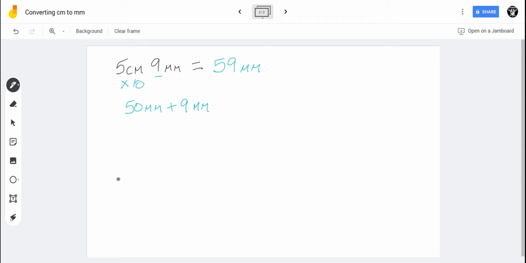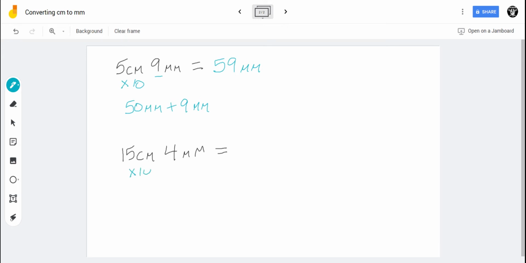Okay, let's take a more complex one this time. Let's go with 15 centimeters and 4 millimeters. If we have that, what are we going to do with it? Let's think about that for a second. 10 millimeters equals a centimeter.